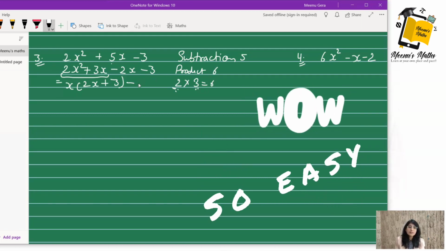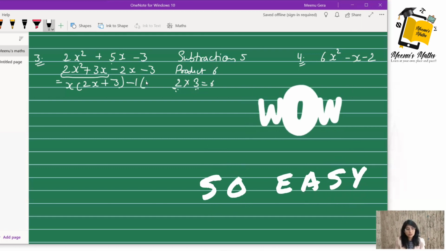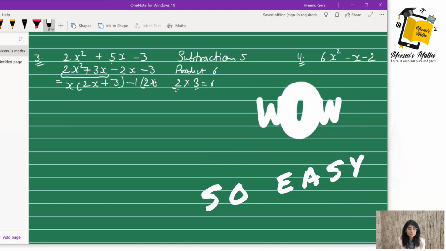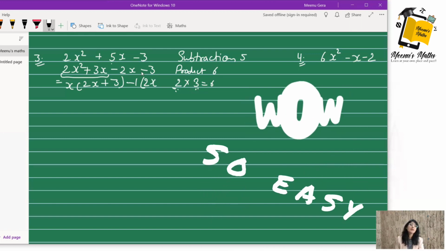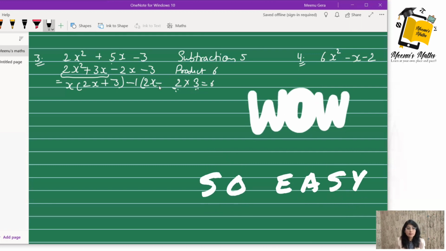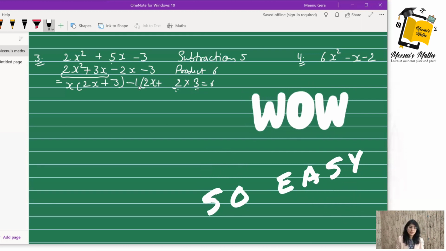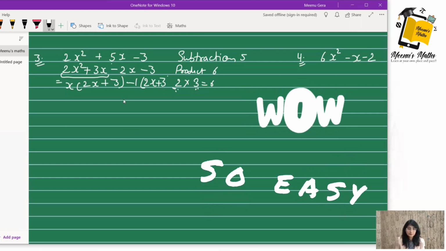So take 1 as common, and from 2x, as we have taken 1 as common, this is 2x. And from minus, we have taken the negative sign as common, so it will be plus. And again from 3, we have taken 1 as common, it will be 3.